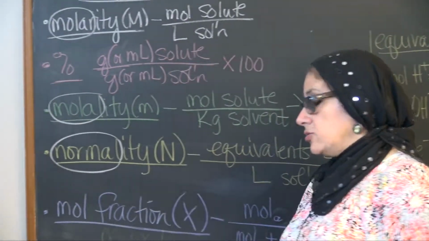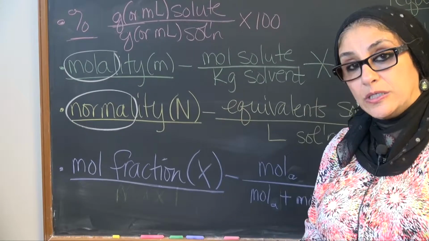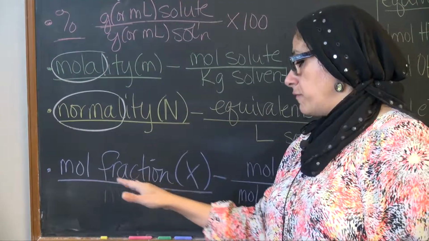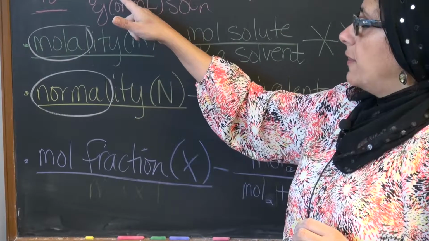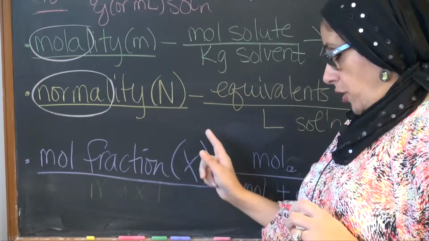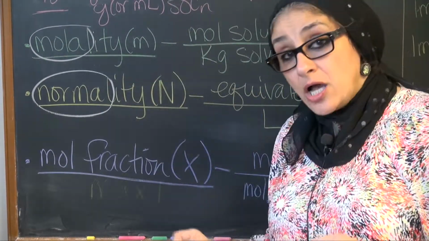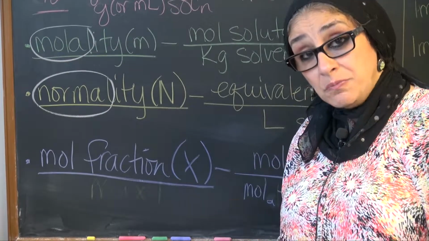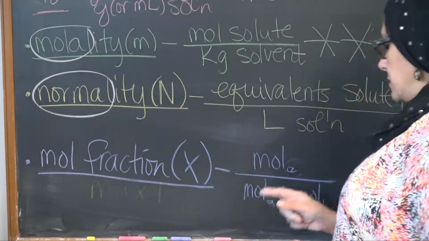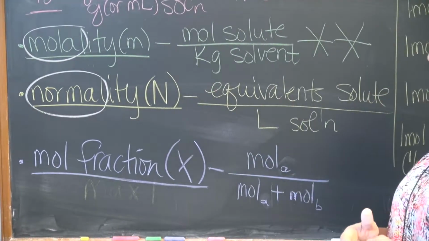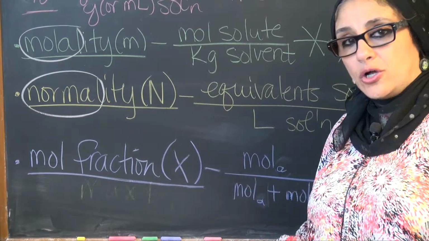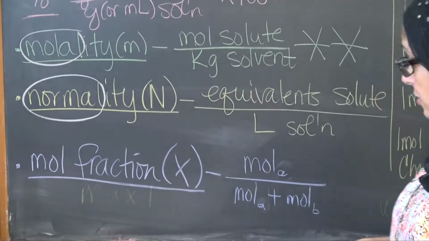And the last concentration unit that we will be dealing with is called mole fraction. This is a little bit similar to the percent. It's part per total, but it does not get multiplied by 100. It remains as a fraction, and it is a part per total moles. So if you're dealing with component A, whether that's a solute or a solvent, it doesn't matter.